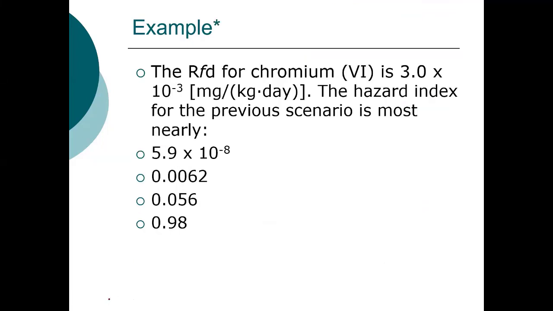So the RfD for Chrome 6 is given as 3 times 10 to the minus 3. So the hazard index, and because of time, I'm not going to pull up the poll. The hazard quotient is equal to the CDI divided by the reference dose, and that is equal to 0.062. And if we assume that the only contaminant present is Chrome 6, then the hazard index equals the hazard quotient.